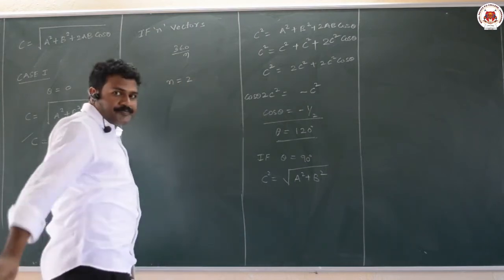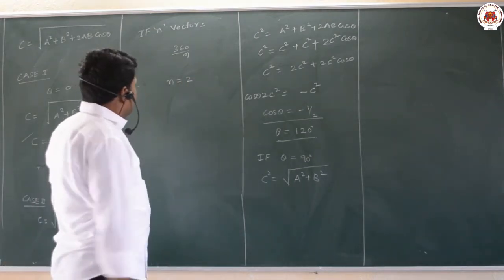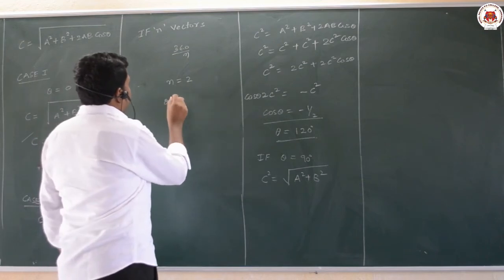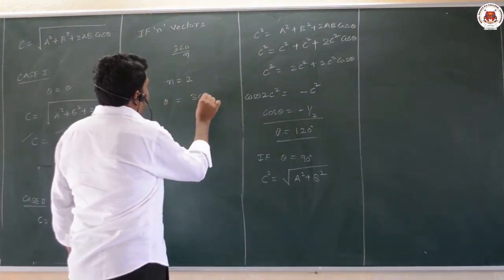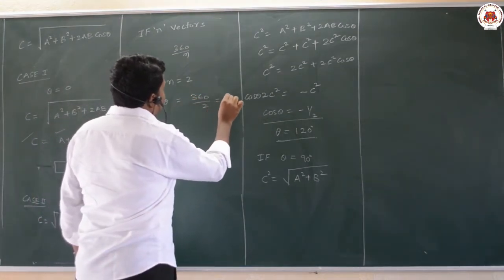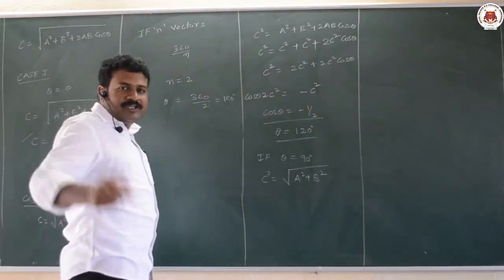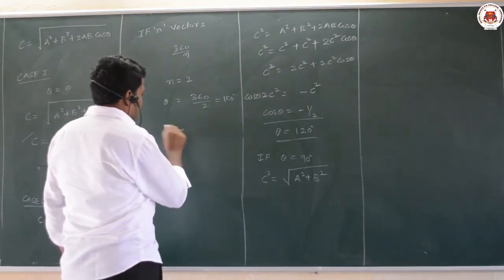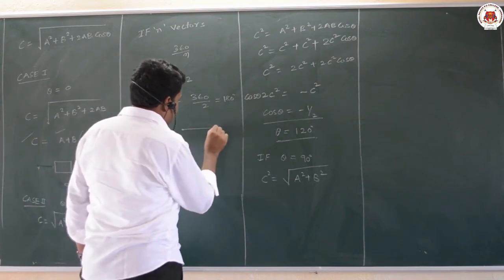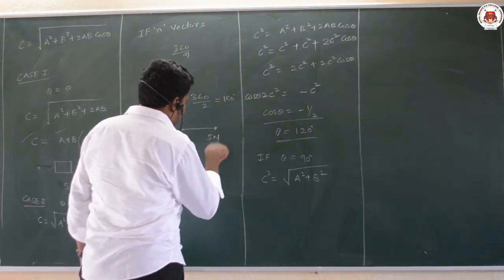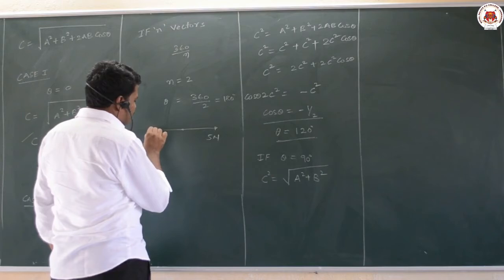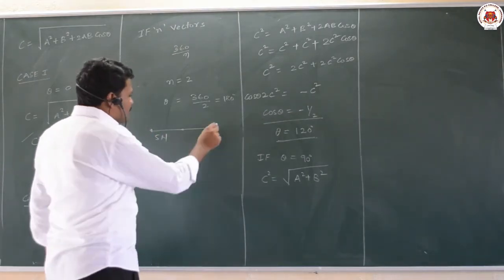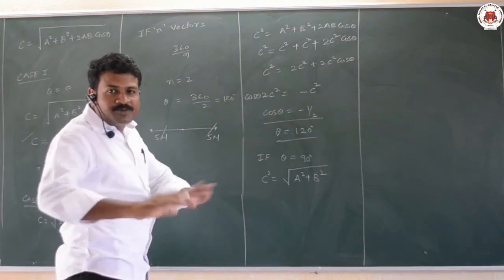At what angle should they be oriented? 360 by 2, which is 180 degrees. So if two equal vectors are oriented at 180 degrees, like yesterday's example of 5 Newton, what is the answer? They will get cancelled, since both are in opposite directions, so the answer will be 0.